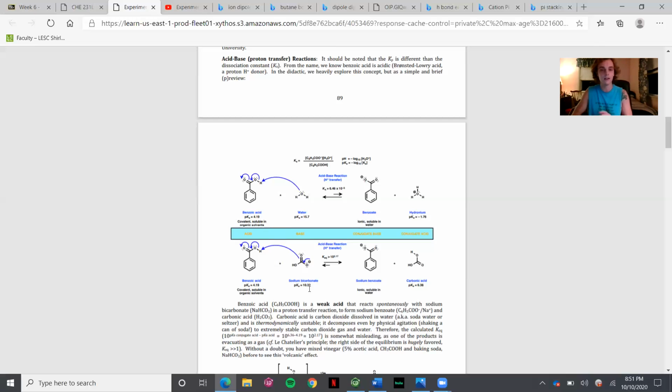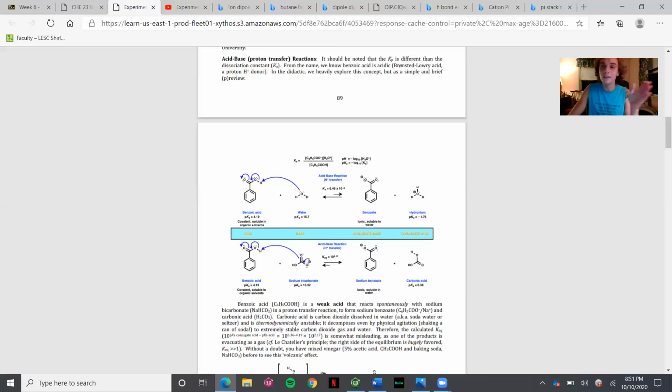That relatively means base. And sodium bicarbonate is a relatively strong base. It can't burn you, but in weak chemical terms, it's stronger than acetic acid. So sodium bicarbonate in this circumstance still has a higher pKa.